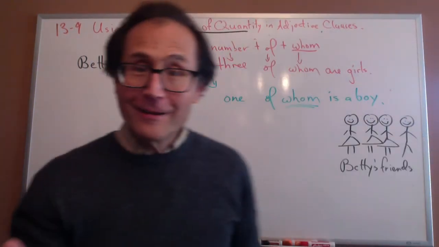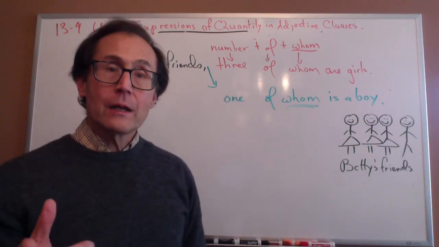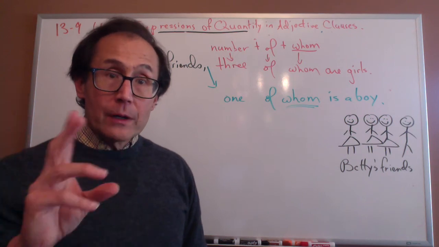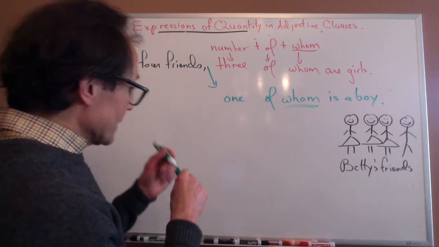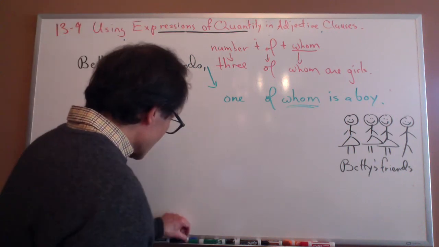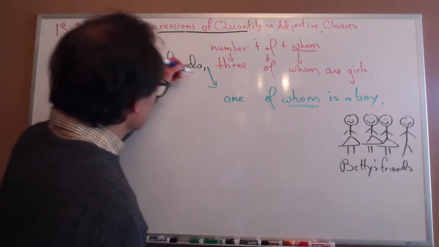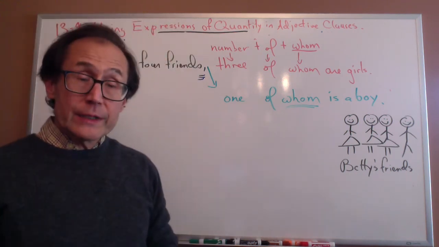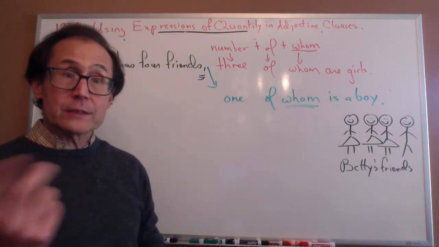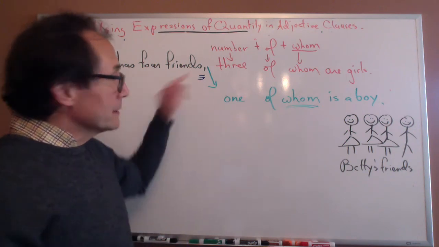All right. Now, let me point out a couple of things about this. First thing is, you might notice here, again, like in the example sentences we had with which, this has a comma.